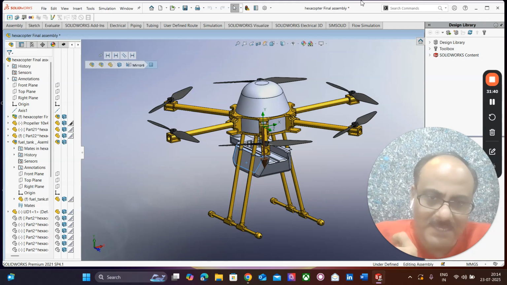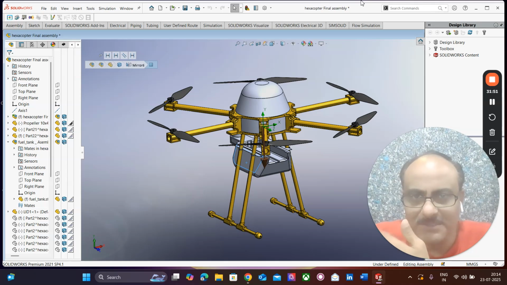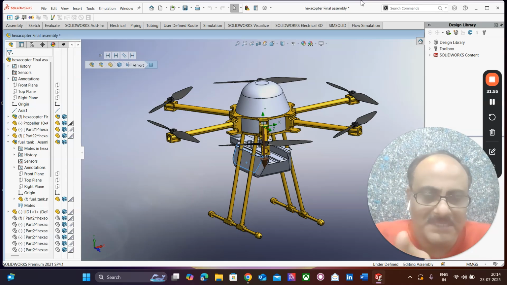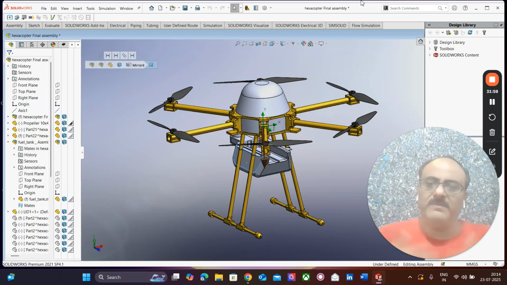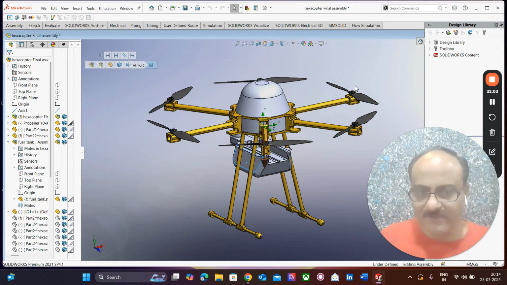Now when a projectile is pushed out of the entire drone system, it's very similar to a bullet coming out of a cannon or a gun. So now there will be a recoil, and how that recoil, this inertial jerk, is going to affect the entire drone, we will be seeing in the next episode.